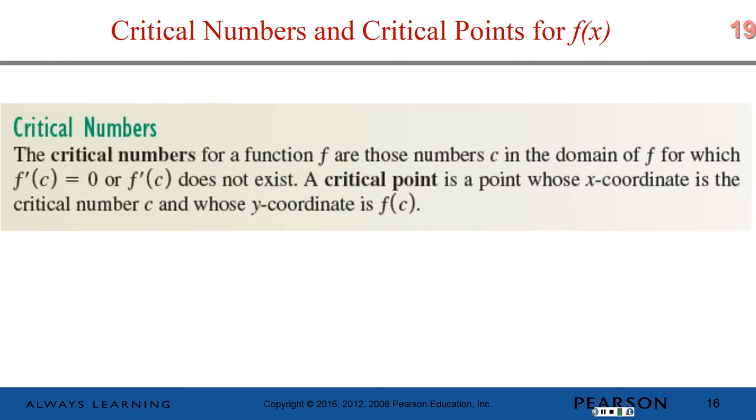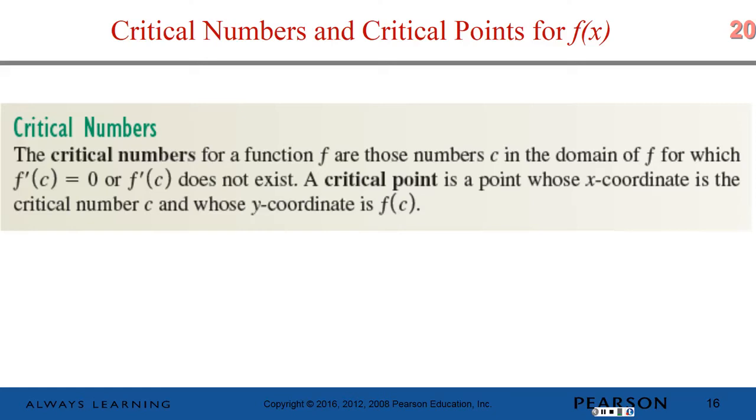Now, I am going to talk to you about what a critical number is. Critical numbers are the numbers in the domain of a function where the function's derivative's value is either 0 or doesn't exist.